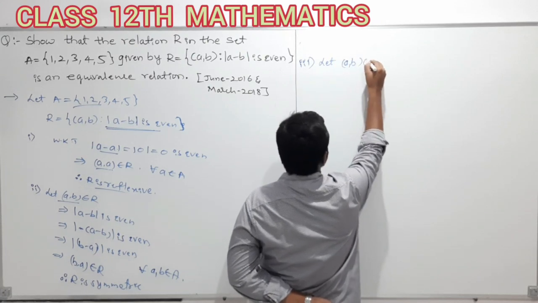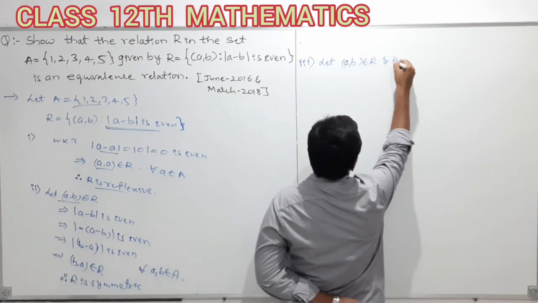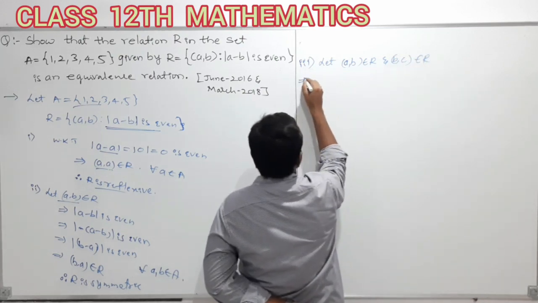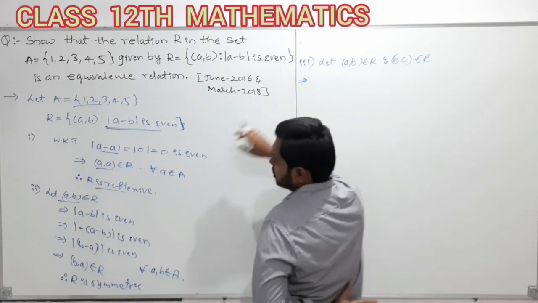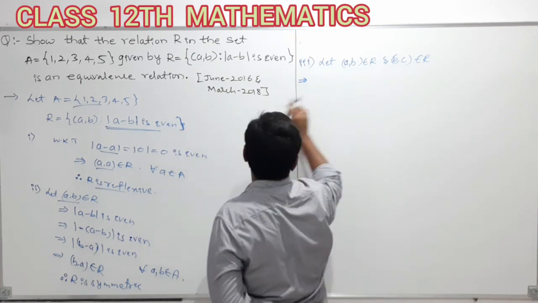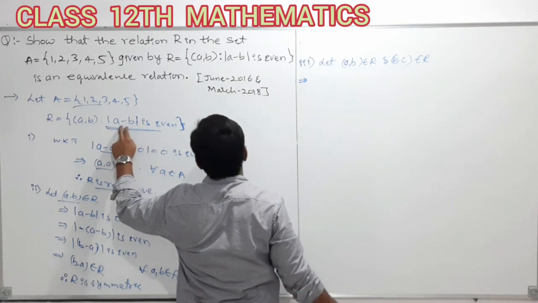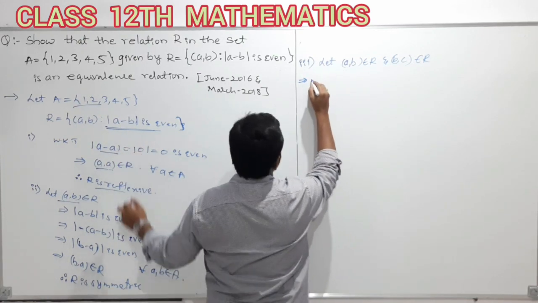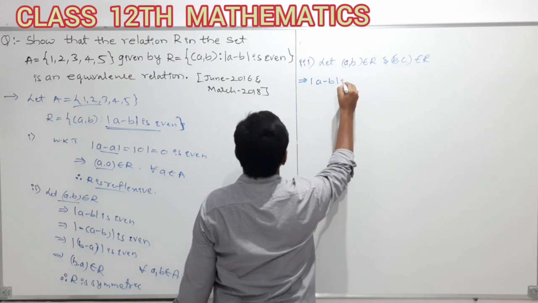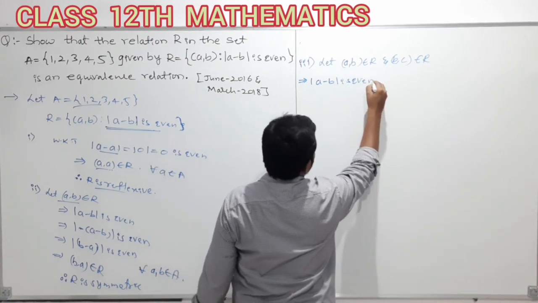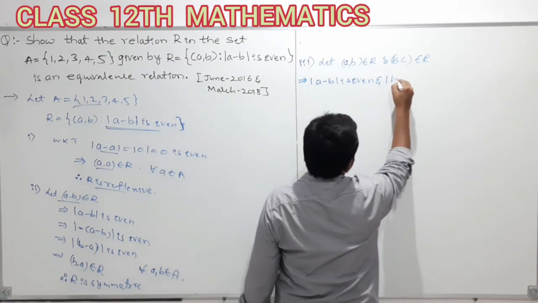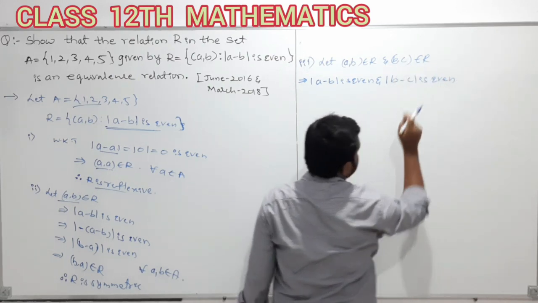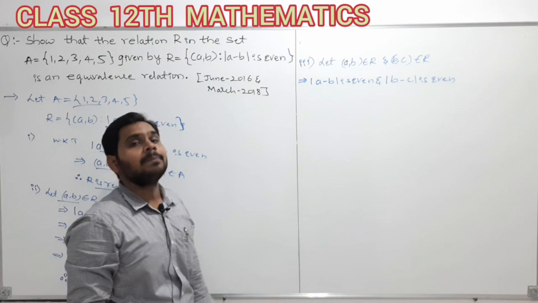Let (a, b) belongs to R and (b, c) belongs to R. This implies, since I took two ordered pairs from this relation R, that modulus of a minus b is even and modulus of b minus c is also even, because (b, c) is also one ordered pair I took from the relation R.